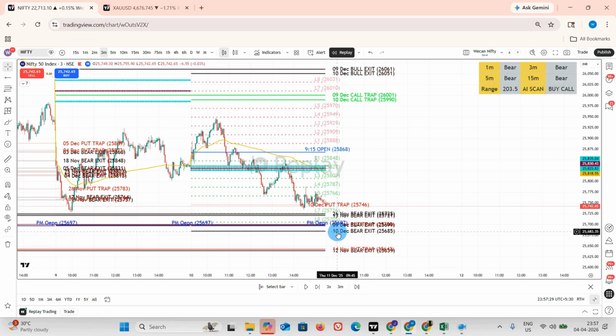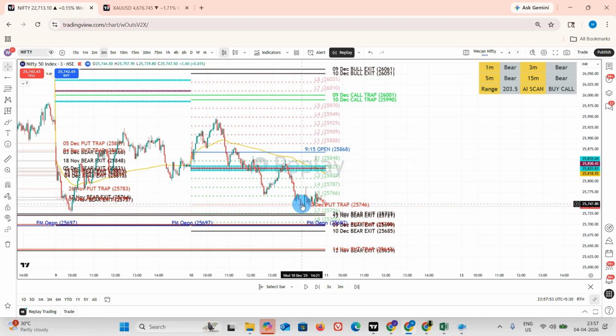This level is the bear exit, and this level is your bull trap. This level is already tapped, and when it gets tapped, you can see this line vanish. It is like when you read a message, read and unread, in a similar way.